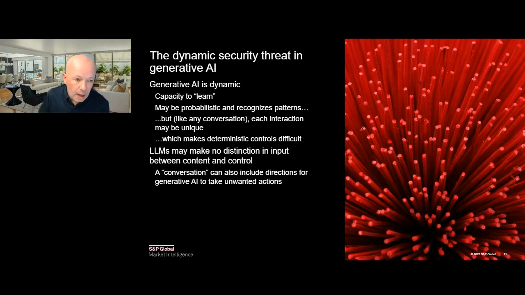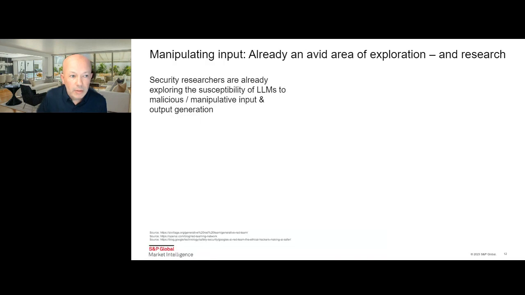And then thinking about the manipulation of input, this is already an area where both the industry and research are really digging into this issue. Because of the susceptibility of large language models and other kinds of foundation models, this is not just about language. If you train a model on language, that's one thing. Then you can train a model on medical data or sensor data or code or anything else. There are definitely other issues there.